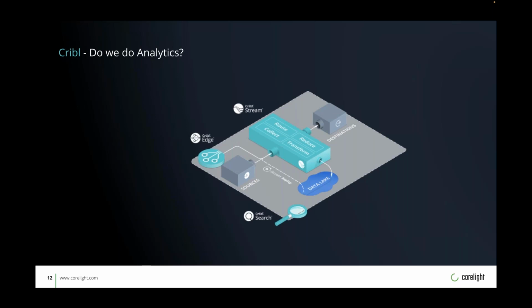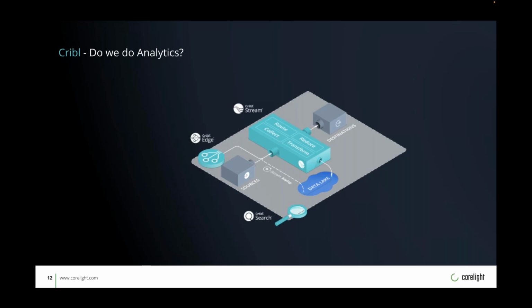But what you see here as well, and if you go to our collateral or website, you're going to see Cribl Edge and Cribl Search. I intentionally didn't talk about them today in detail because I wanted to focus on the core of what we do in this streaming part along with Corelight.